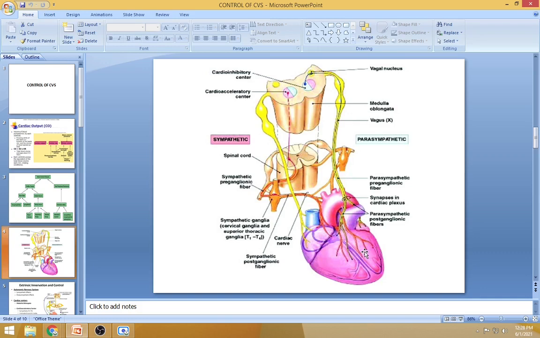We get a kind of bradycardia at rest. But when we are climbing stairs, you will find that the heart rate increases, and that is because the heart is responding to the demand. The demand for oxygen and nutrients.